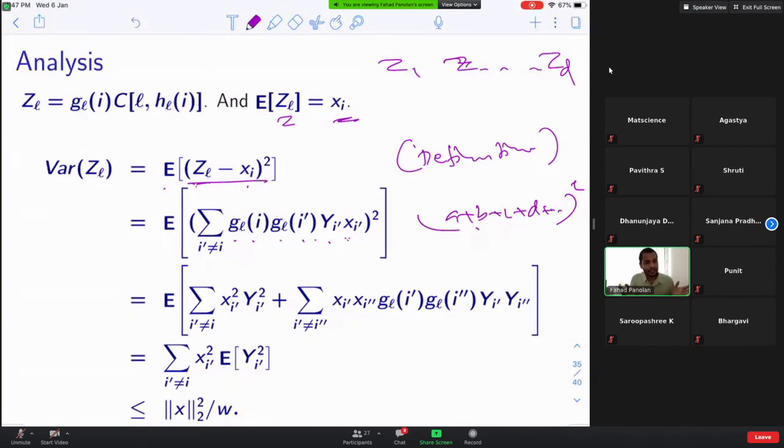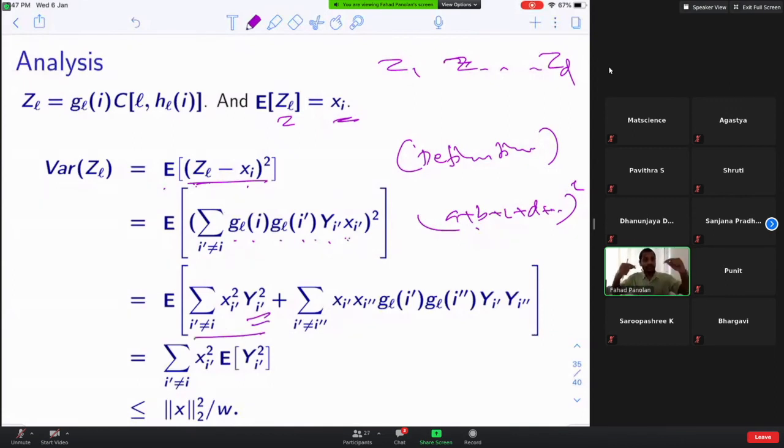What is GL of I prime square? Irrespective of whether it is minus 1 or plus 1, it is 1. What is Yi prime square? That could be either 0 or 1. And what is Xi prime square? Some value.